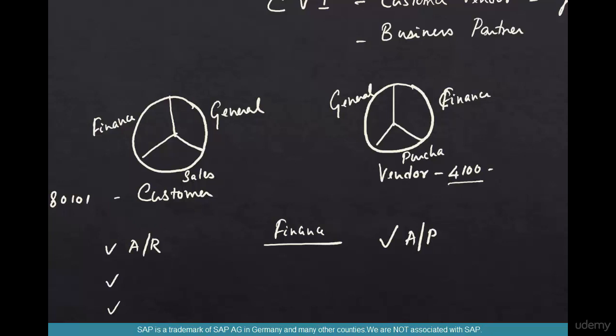Who is a business partner for them? The lender is a business partner. The broker is a business partner. The tenant is a business partner. The landlord is a business partner, right? All of them might not need sales data, purchasing data, finance data. They might need a different set of data.